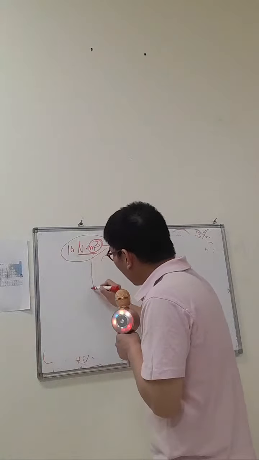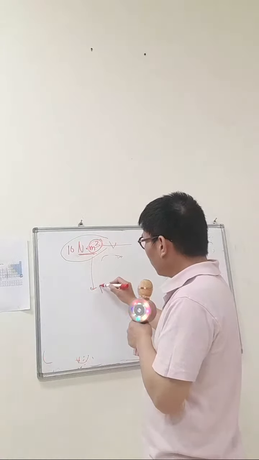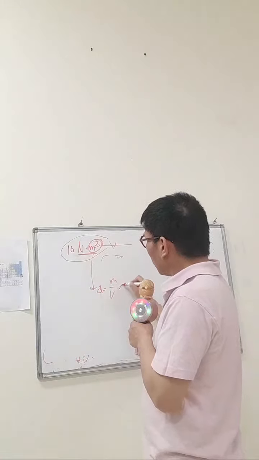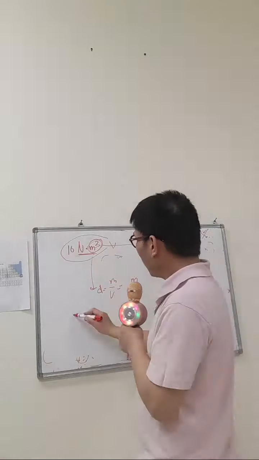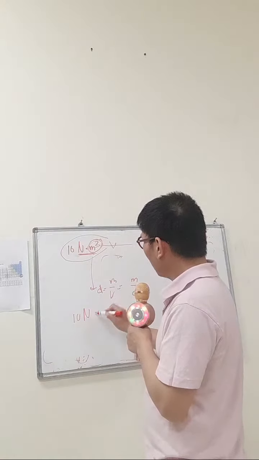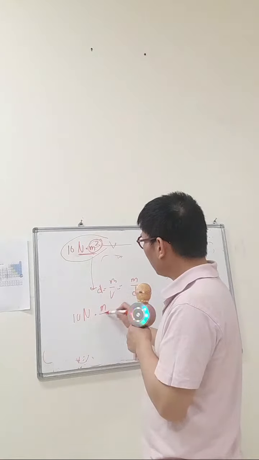So, volume. Density is equal to mass over volume, so volume is equal to mass over density. So, 10 Newton, mass over density.